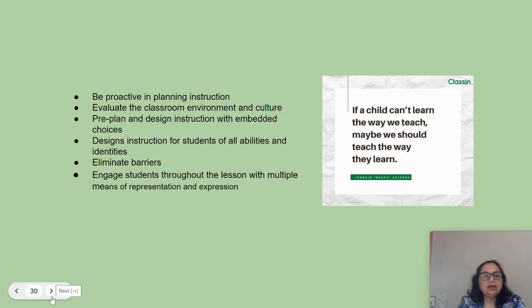When you plan instruction, be proactive: evaluate the classroom environment and culture, pre-plan and design instruction with embedded choices and scaffolds, design instruction for students of all abilities and identities, eliminate barriers proactively, and engage students throughout the lesson with multiple means of representation and expression. Finally, if the child can't learn the way we teach, maybe we should teach the way they learn.